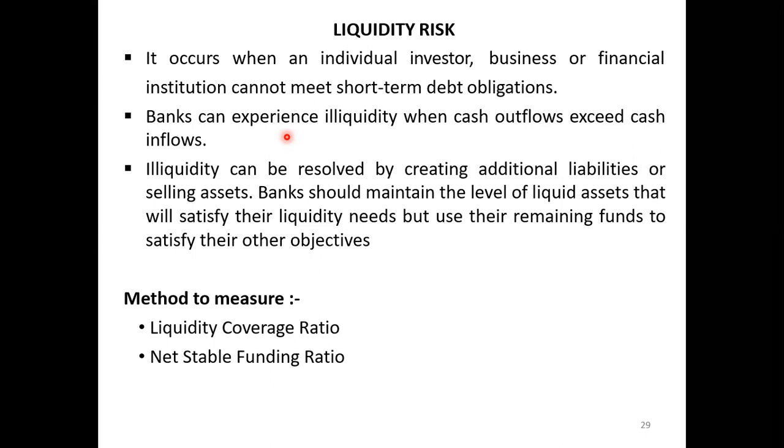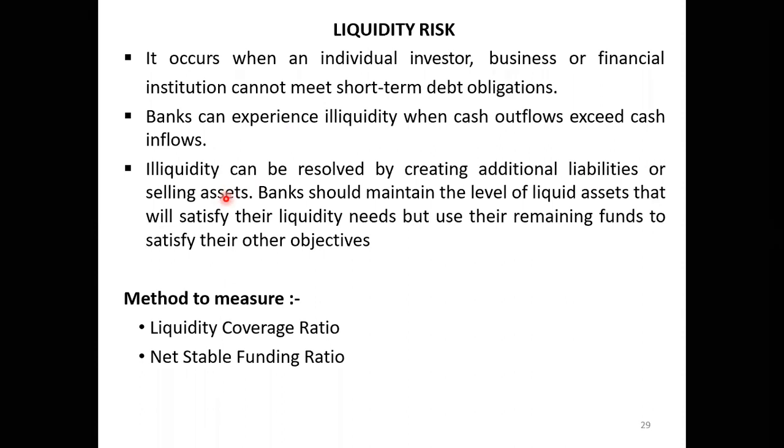So what the commercial bank does is request HNB to provide a loan facility for a very short period of time. They will settle within 1 or 2 days. The HNB may offer the loan at the interbank offer rate. So illiquidity can be resolved by creating additional liabilities, that is, getting a loan or selling the assets.